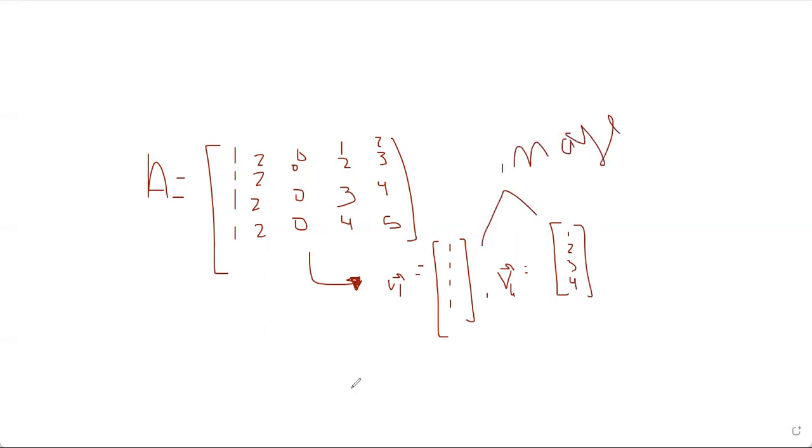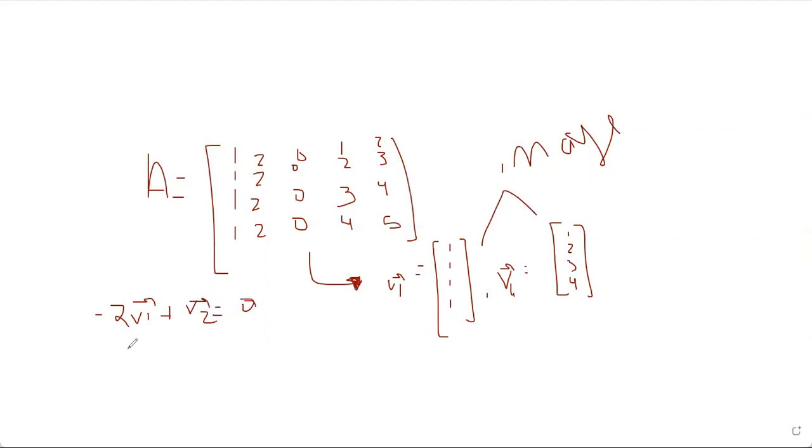To get the kernel, we can think about things slightly differently. Let's take our redundant vectors and make them into linear relations. So the first one we have is that V2 equals 2 times V1. If we made that into a linear relation, it would be 2V1 plus V2 is 0.